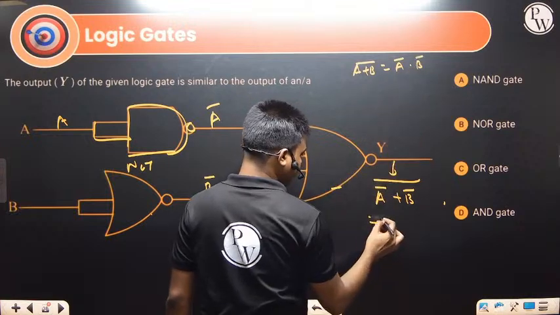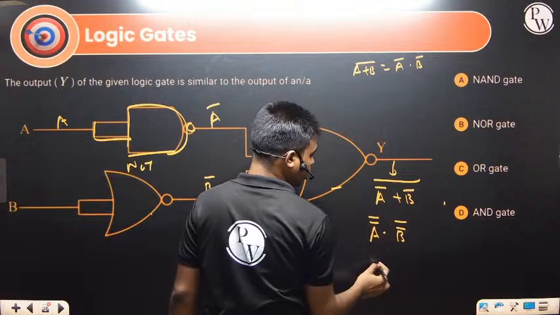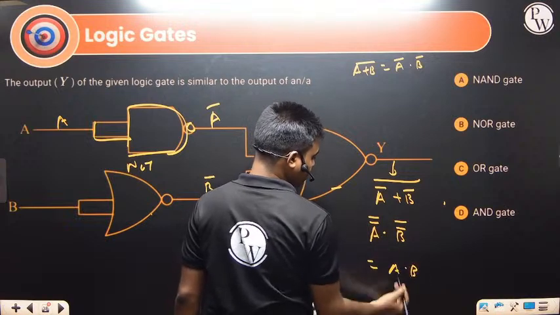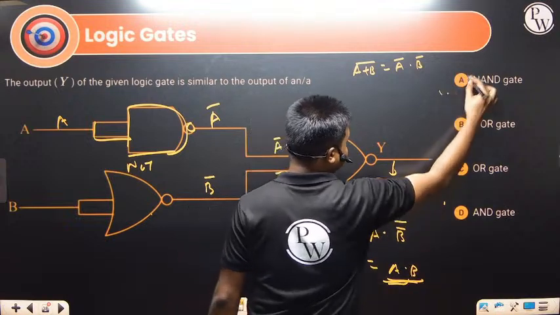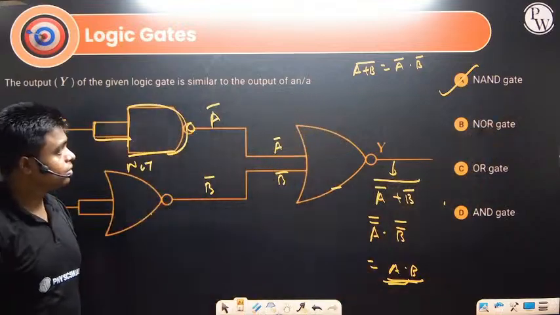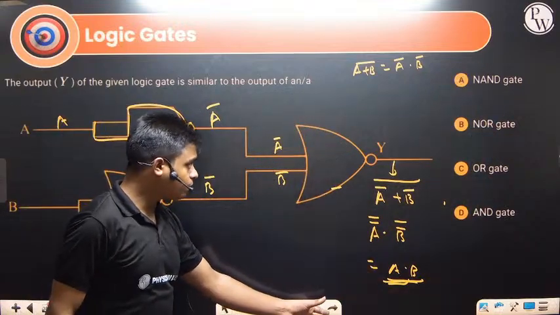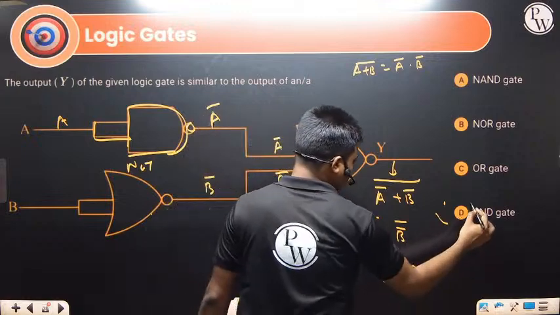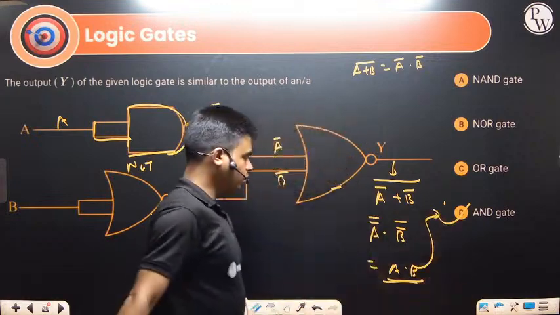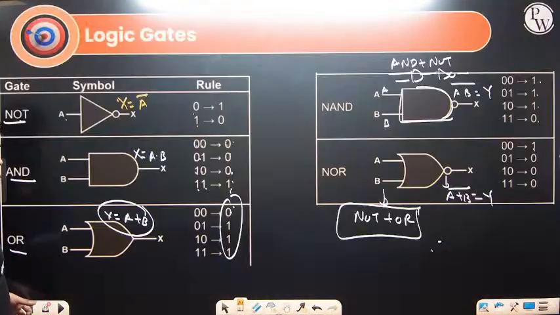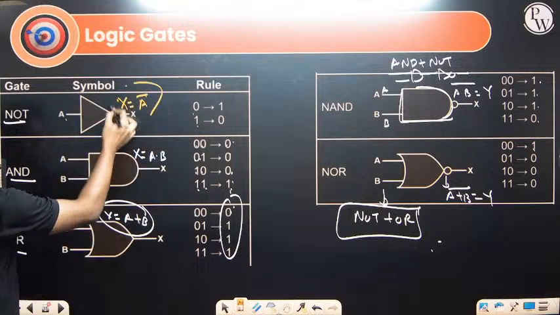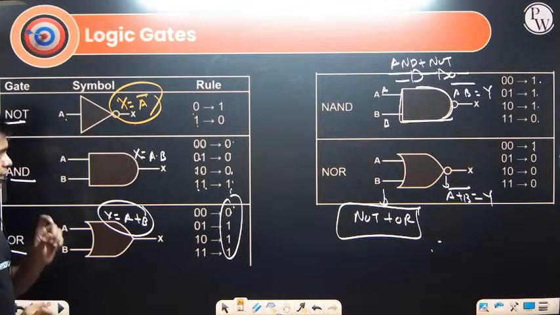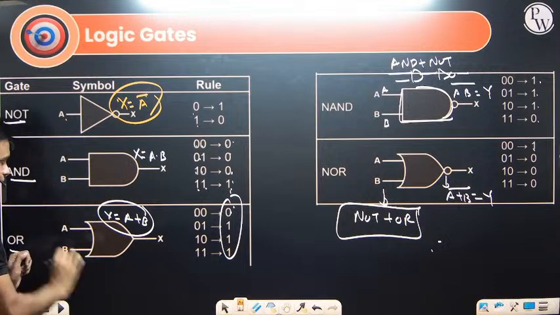So here (A bar) bar dot (B bar) bar. What are we getting? A dot B. A dot B is for which gate? AND gate. Okay.